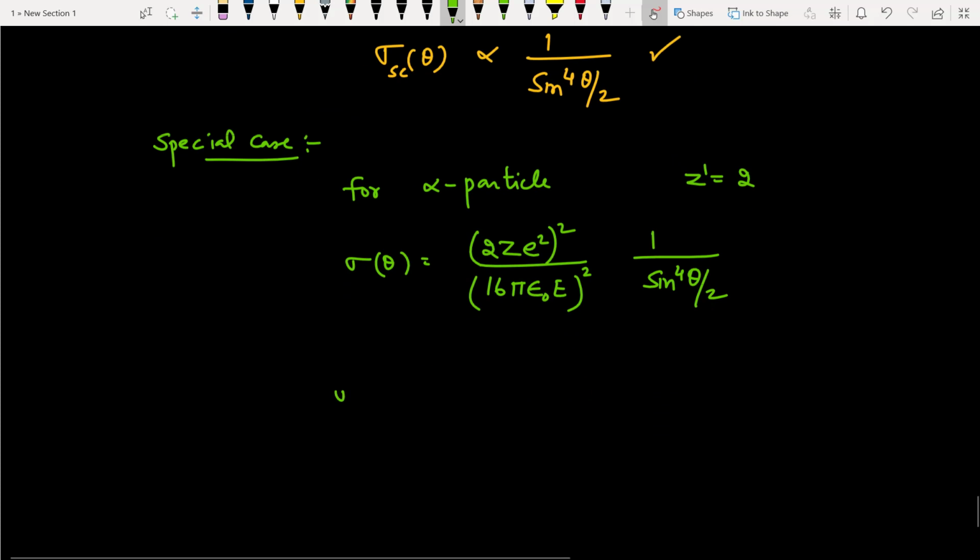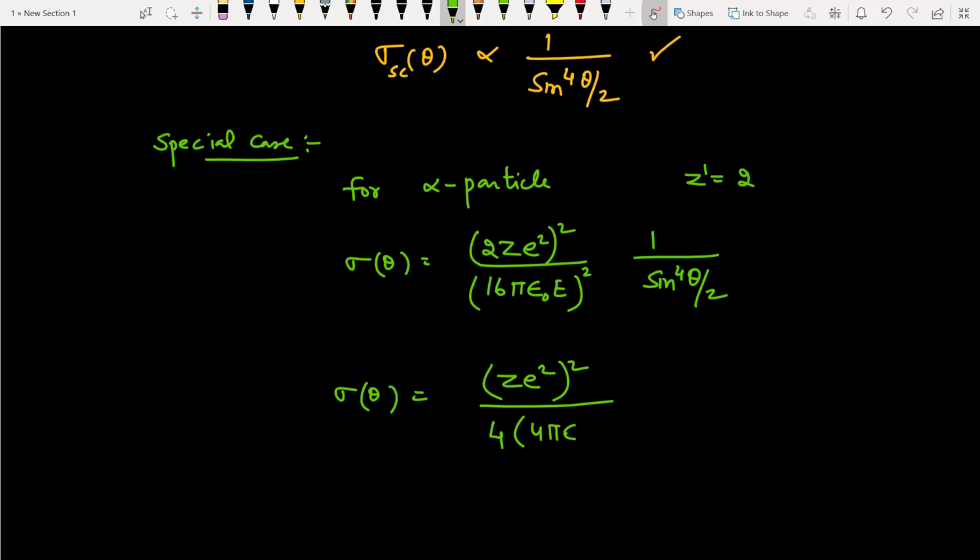After a little more simplification, because 2 square will cancel out here, it will be ze square, whole square, divided by 4 into 4 pi epsilon naught capital E square, 1 divided by sine raised to power 4 theta by 2.